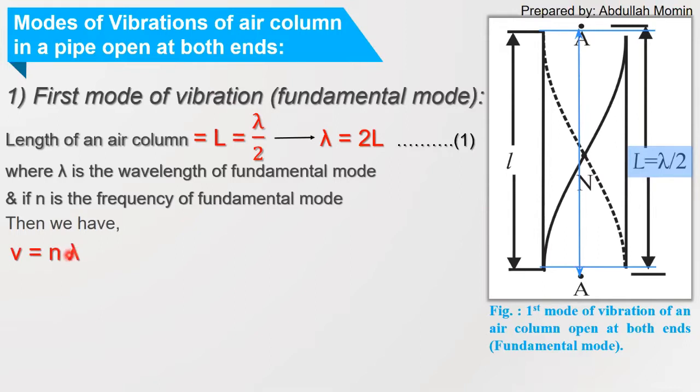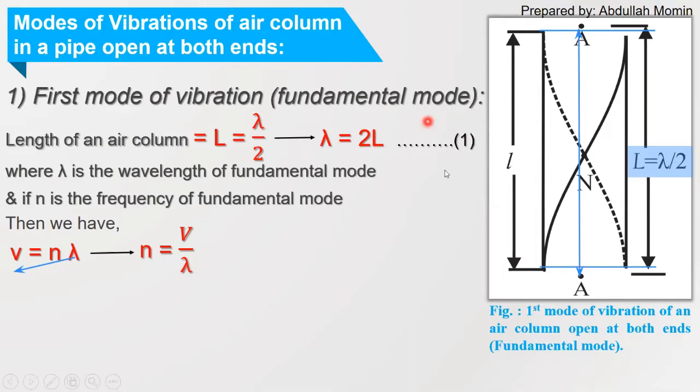And if this lambda goes to the other side of the equal sign, it comes in division with v. So the next step we are going to write is n is equal to v upon lambda.